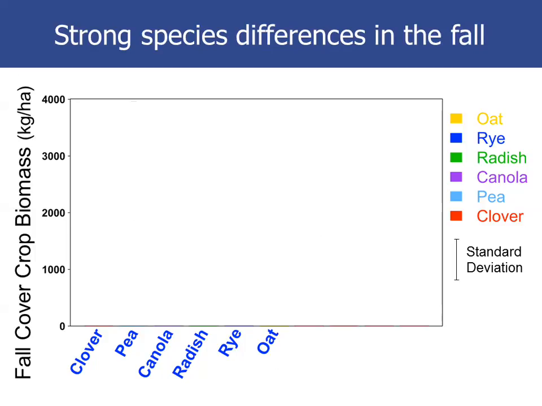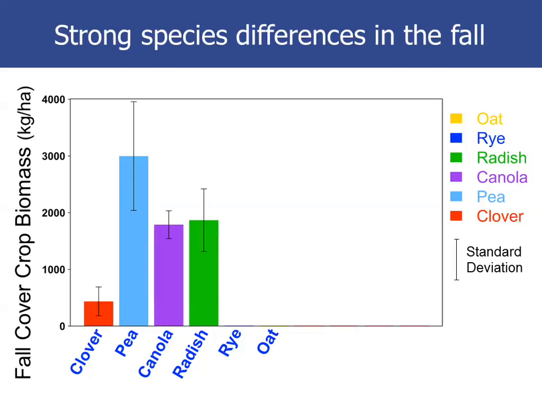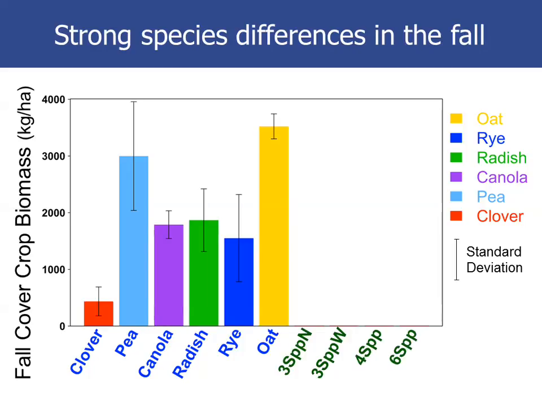So to get into what we saw, here's the cover crop biomass. That's our y-axis. Going through the monocultures, we see pretty widely varying performance in the fall from the legumes. The clover comes on really slow for us in the fall. The pea can do a lot better. Both of the brassicas were intermediate in their biomass, and the grasses were intermediate to high.